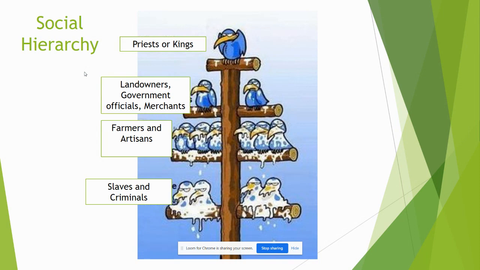In most of these early river valley civilizations, at the top were the priests or kings. Priests were held in very high esteem as they were thought to be the ones that could communicate with the gods. I say gods, as many religions at this point were polytheistic, meaning they believed in multiple gods.